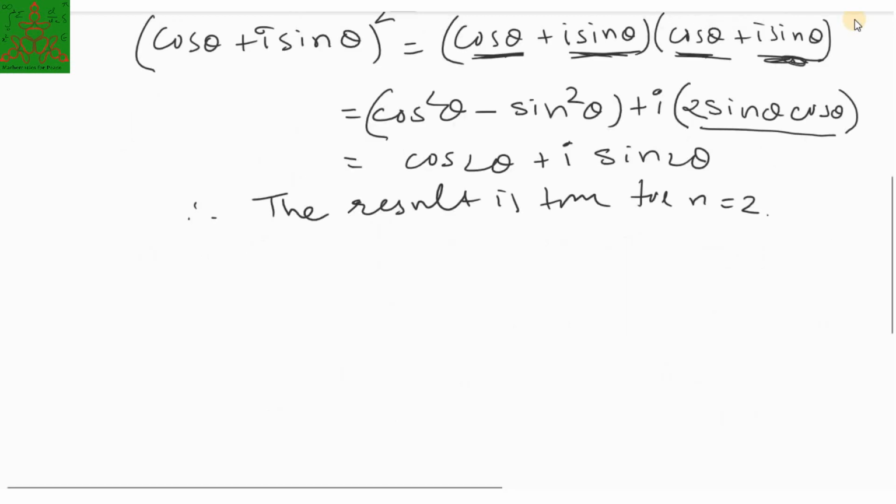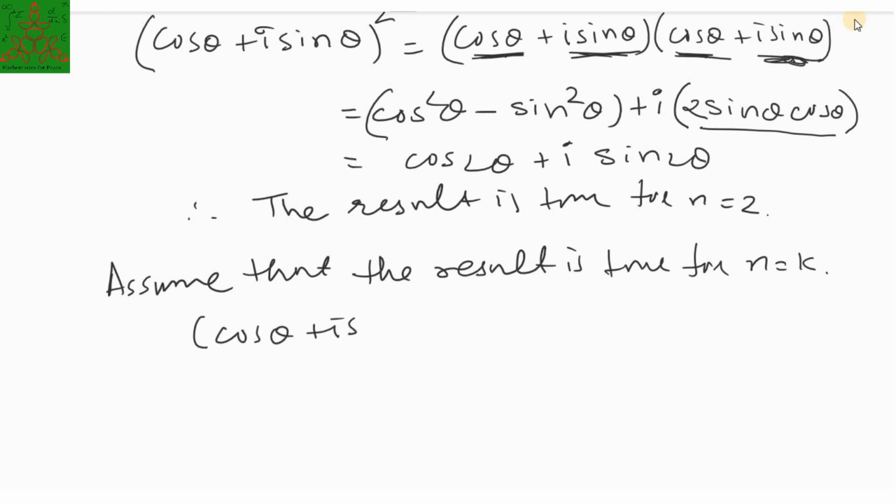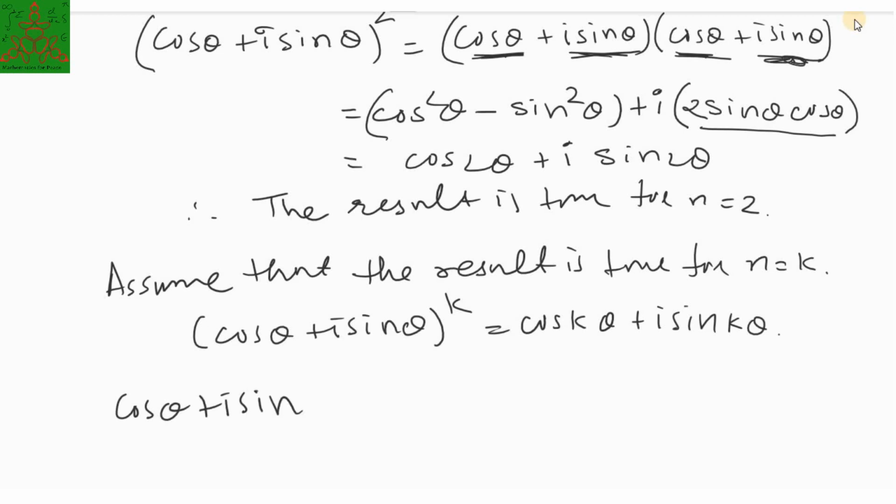As you know the principle of mathematical induction, we have to assume that the result is true for n equal to k. That means (cos theta plus i sin theta) raised to k is equal to cos k theta plus i sin k theta, where k belongs to N. Now we start with (cos theta plus i sin theta) raised to k plus 1.